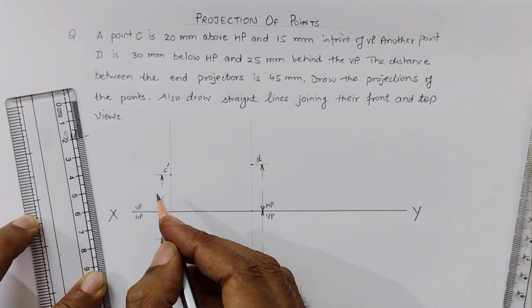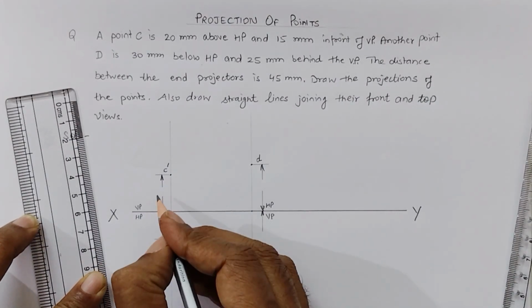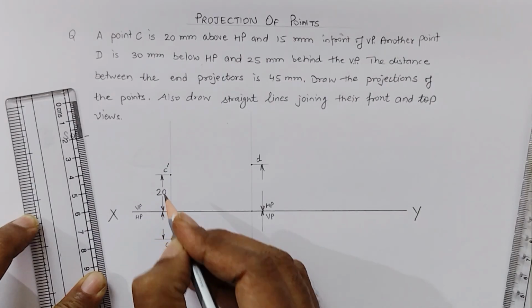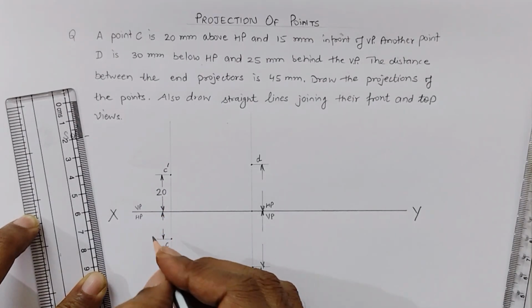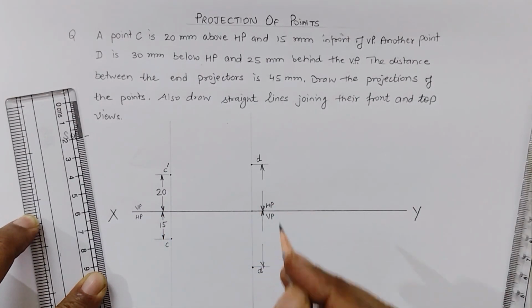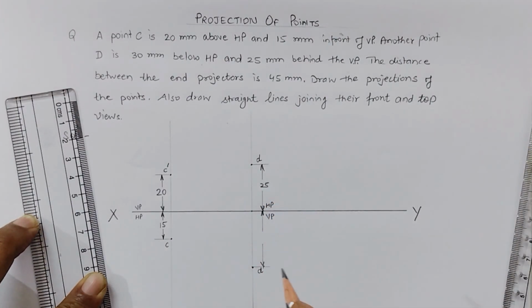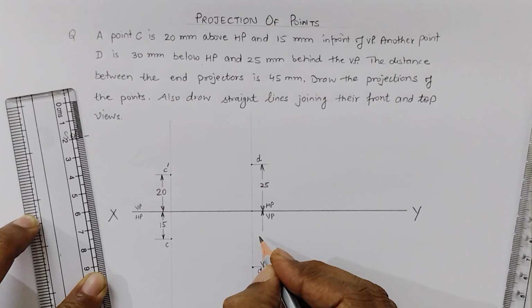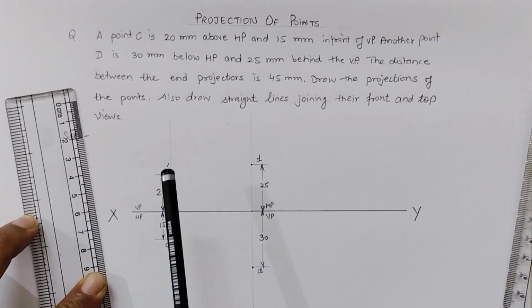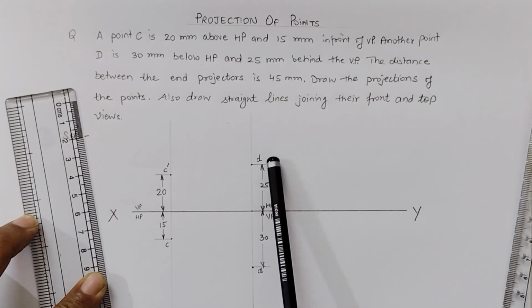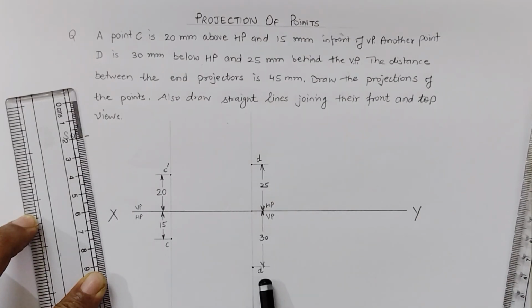This distance is given as 20 mm. This one is 15 mm. This side is 25 mm. And this one is 30 mm. That is the front view of point C, top view of point C, top view of point D, front view of point D.